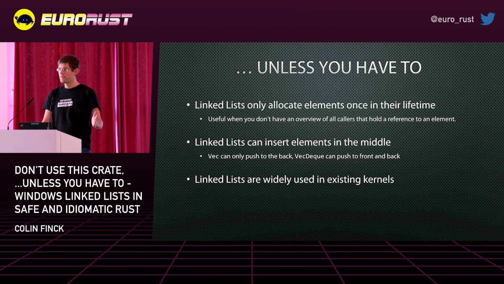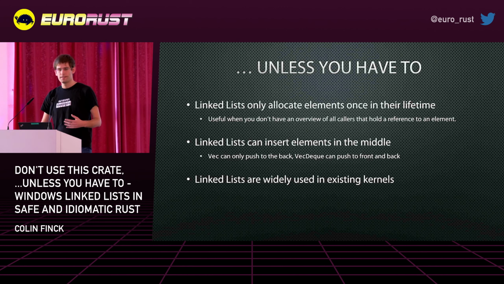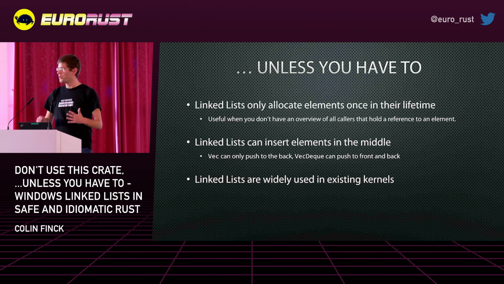However, there are a few good reasons when it makes sense to use linked lists, or when they are simply unavoidable. First of all, linked lists only allocate elements once in their lifetime. So this is pretty useful in situations where you don't have an overview about all the callers that currently hold references to the elements.